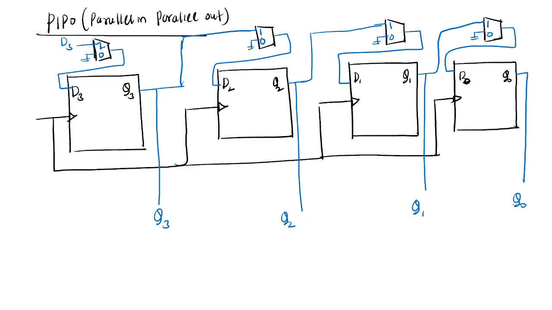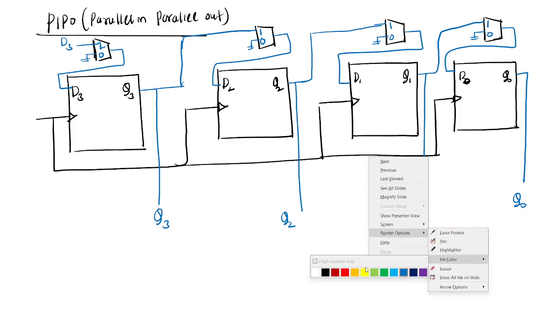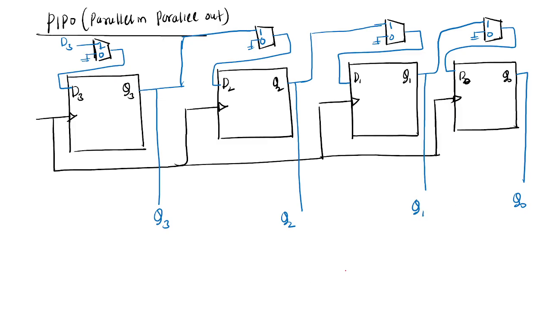Again, one more selection line I am using. What is that selection line? Load by shift bar. So load by shift bar, or load signal, I am connecting as a selection line.